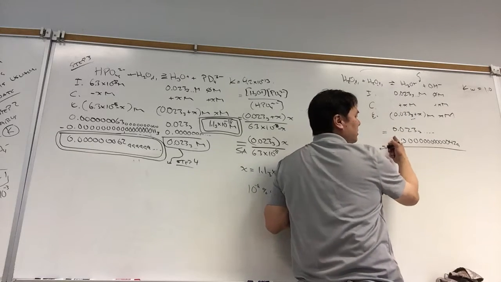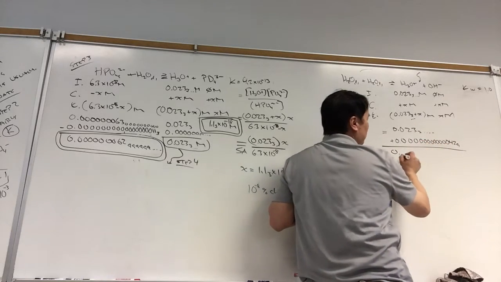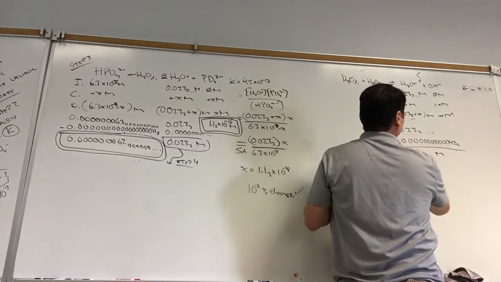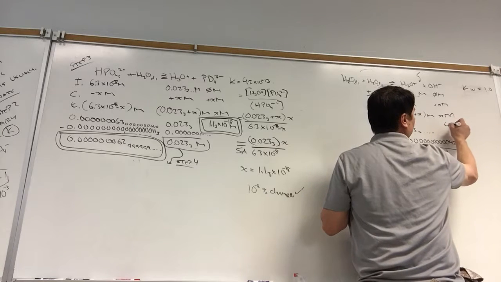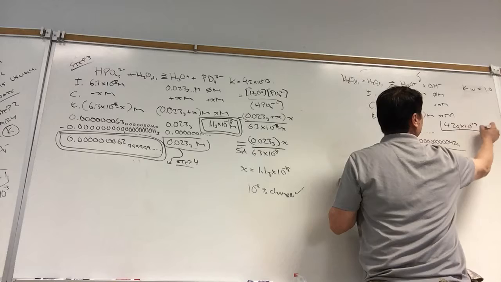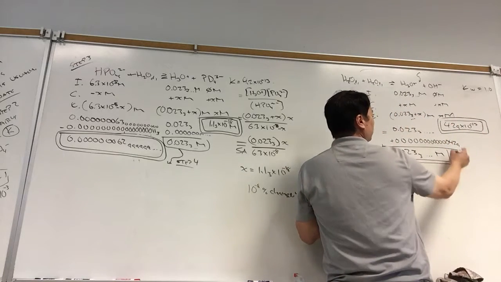No. We call this a negligible contribution as well. Both of these would be negligible contributions. But here, for the hydroxide, it is significant, 4.29 times 10 to the minus 13. All right, so this is the final. Finally, we get the final hydronium.